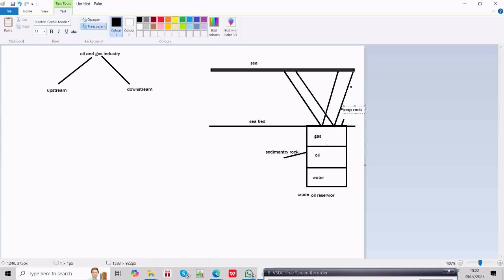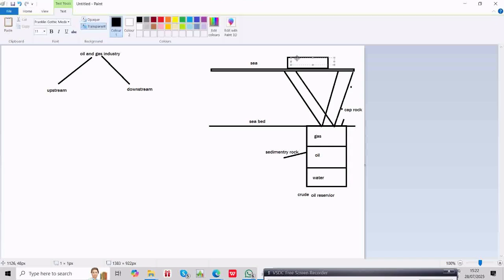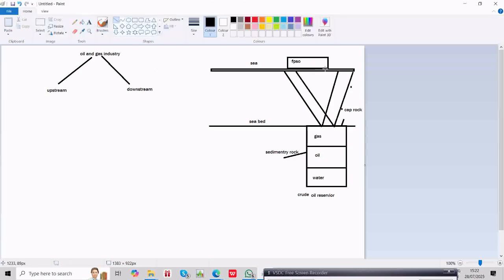Now when these guys come to the top of the sea, they will bring their FPSO, floating platform ship offloading. This FPSO will come at the top of this reservoir, and from the FPSO they will send the drilling bit to drill this bottle, or this reservoir.